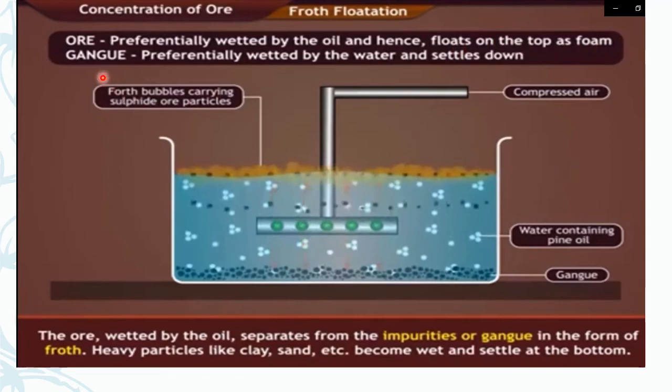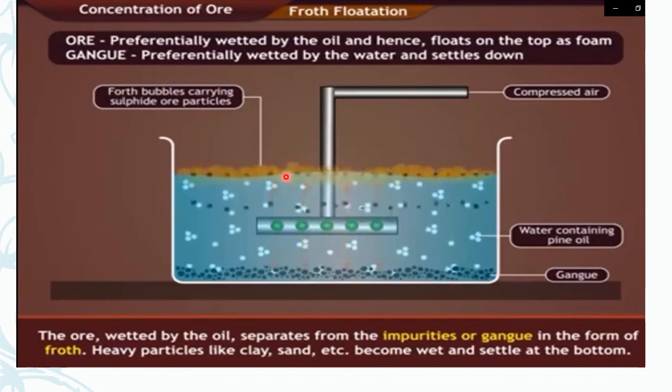The gangue is preferentially wetted by the water and settles down. This is the gangue particles. Here this is the water containing pine oil. Here this is the compressed air. Here these are the froth bubbles carrying sulfide ore particles.